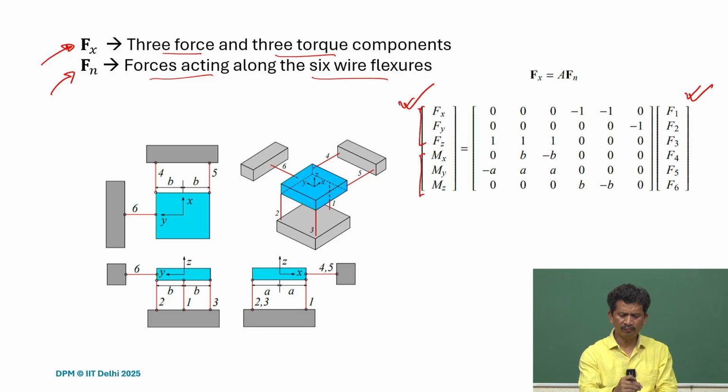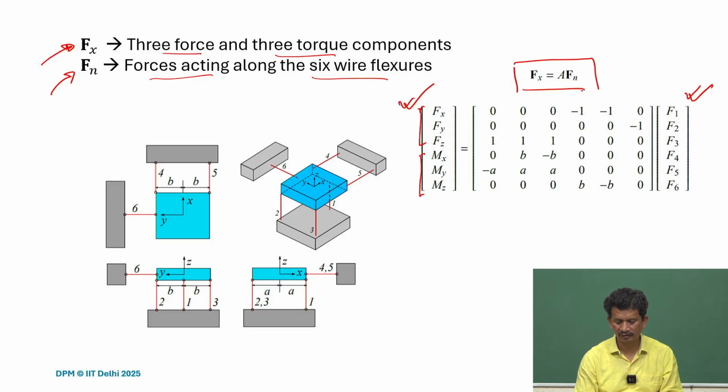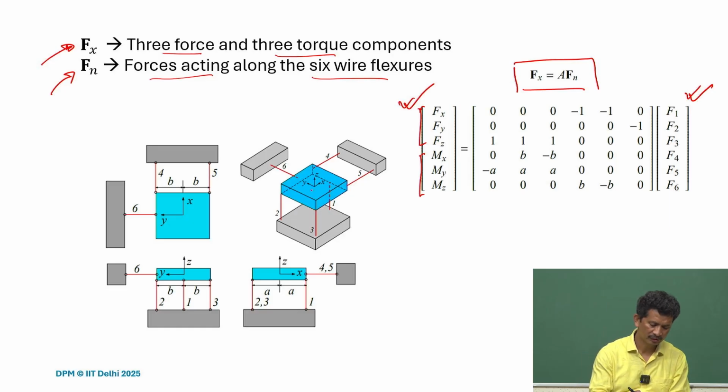So if you write one by one and compare, we can write in a very short form, in a matrix form, Fx equal to A Fn. Fn is the force on individual wire flexures, and Fx is all the 6 force components along x, y, and z.